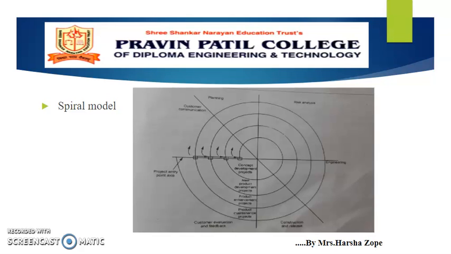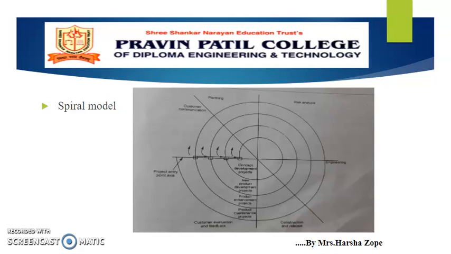Remember this point. In the initial pass, the product specification is built, and in subsequent passes around the spiral, the prototype gets developed, and then a more improved version of the software gets developed. That's all about the spiral model development process.